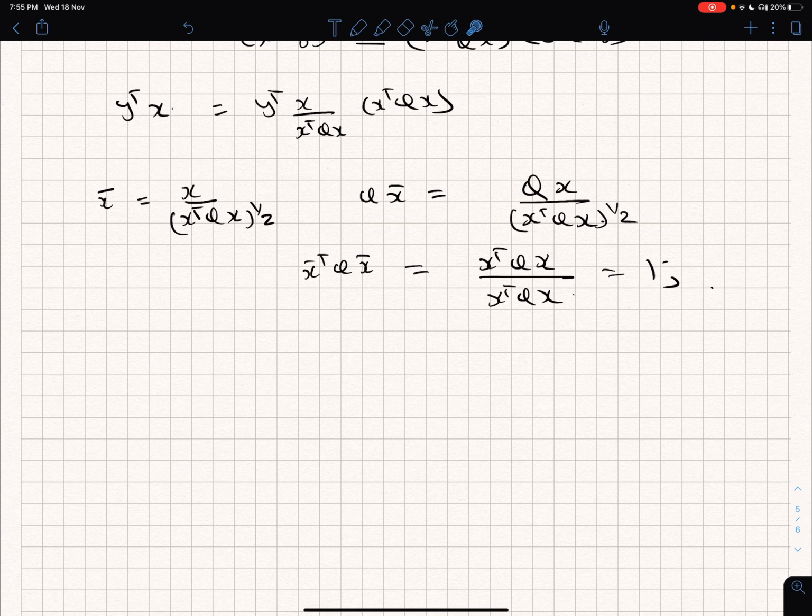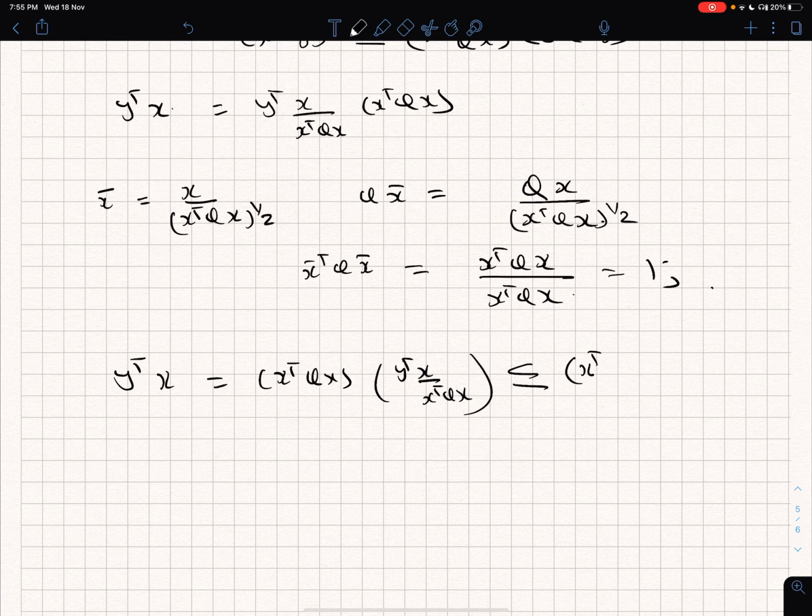So with this scaling, I can now say that y transpose x, which is nothing but the square root of x transpose qx times y transpose x bar, will be less than or equal to the square root of x transpose qx.